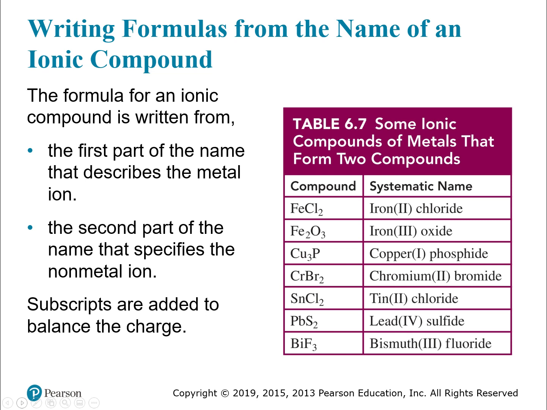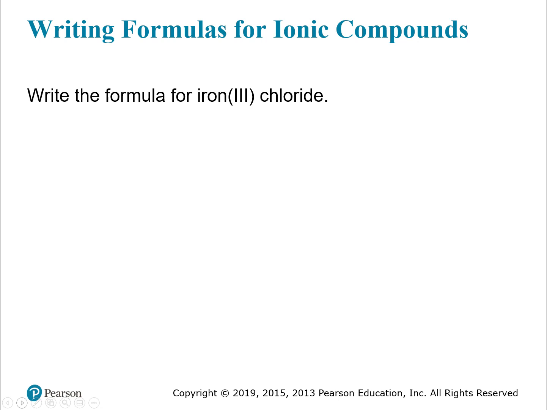The second part of the name specifies the nonmetal ion. So you're going to have to take that root or the first syllable of that ion name and walk it backwards to the element. So let's do that. The iron(III) part is our metal.